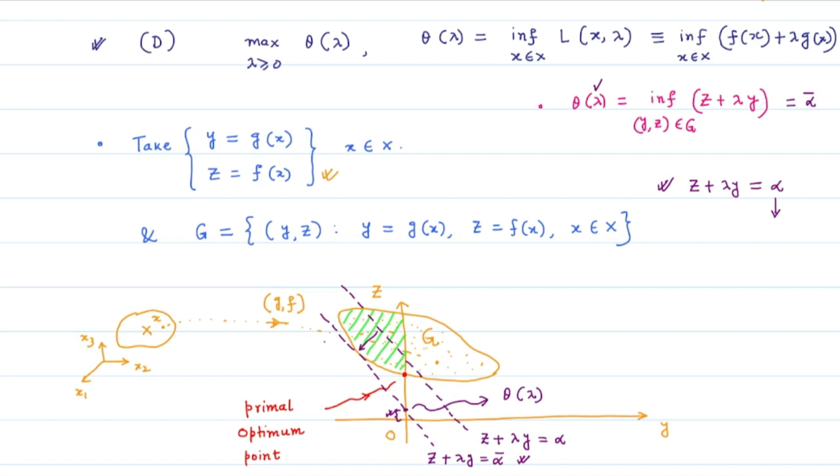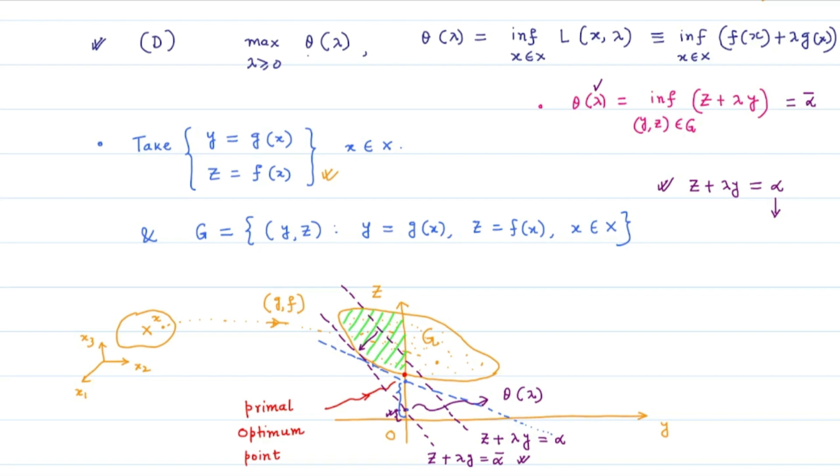Let's suppose I take the value of lambda for which minus lambda is the slope of this line, and for this supporting line we notice that the value of the z-intercept of this supporting line is this much amount. So theta lambda values are these z-intercepts of all these supporting lines to the set capital G.